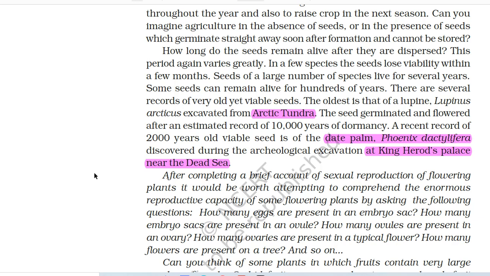The oldest is that of a lupine, Lupinus arcticus, excavated from Arctic tundra. The seed germinated and flowered after an estimated record of 10,000 years of dormancy. A recent record of a 2,000 year old viable seed is the date palm, Phoenix dactylifera, discovered during the archaeological excavation at King Herod's palace near the Dead Sea.